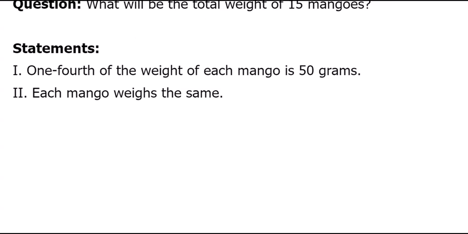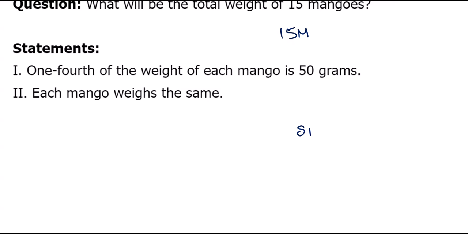So here total weight of 15 mangoes we need to calculate. 15 mangoes weight. Right. So here in statement 1, 1/4 of weight of each mango.